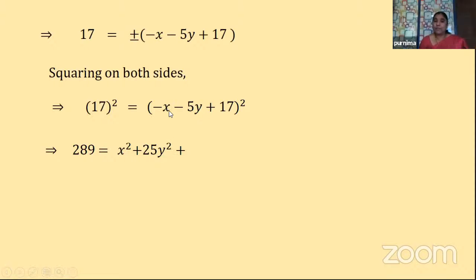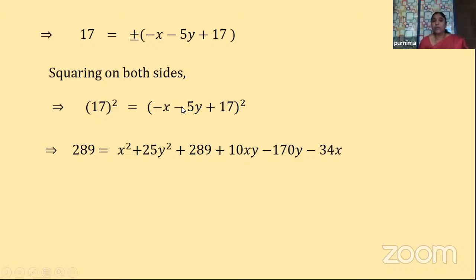Do you remember the formula, children? It is the (a plus b plus c) whole square formula. a square, that is minus x whole square, is x square. b square, that is minus 5y whole square, is plus 25y square. c square, 17 square, is 289. Plus 2ab: minus into minus is plus, 2 into 5 is 10, so 10xy.